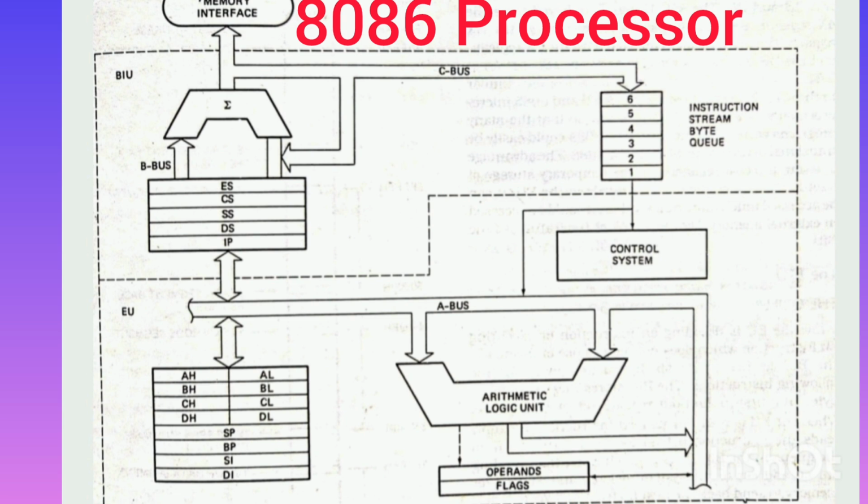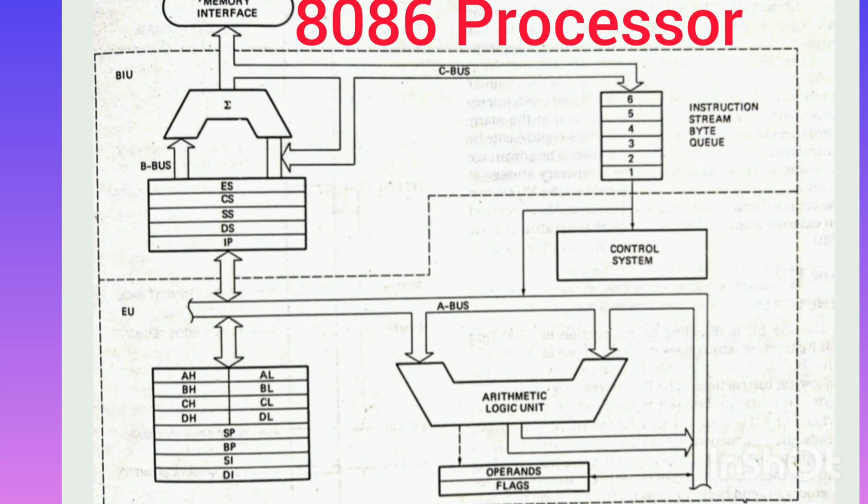Bus interface unit has also instruction pointer. The instruction pointer register holds the 16-bit address or offset of the next code byte within this code segment. The bus interface unit has also 6-byte instruction queue.